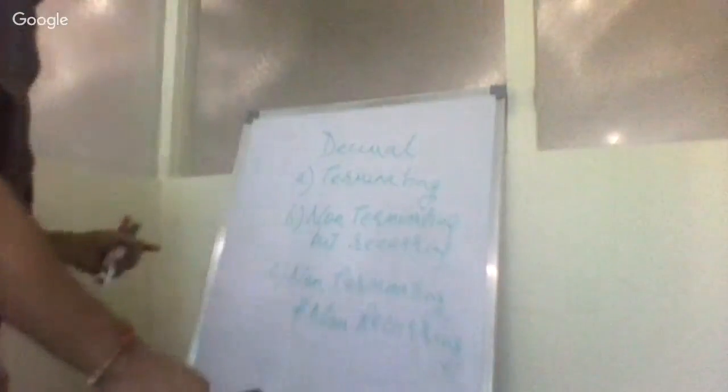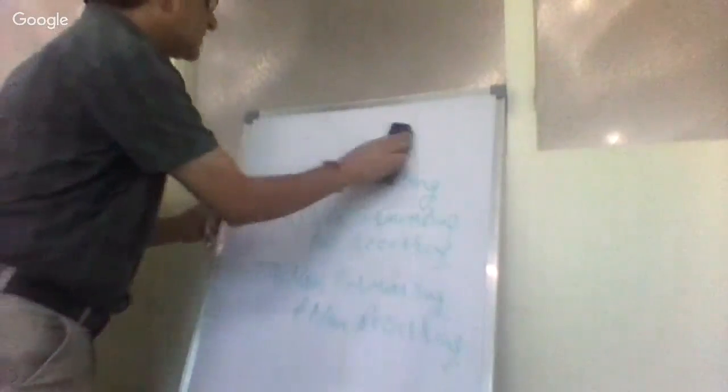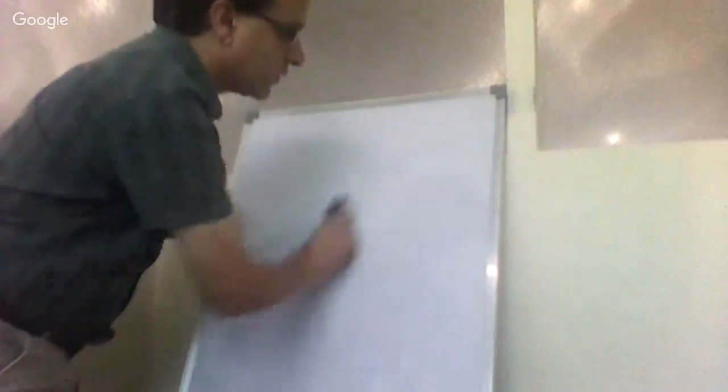Now let's start from this point. What are these terminating decimals, non-terminating recurring, and non-recurring?